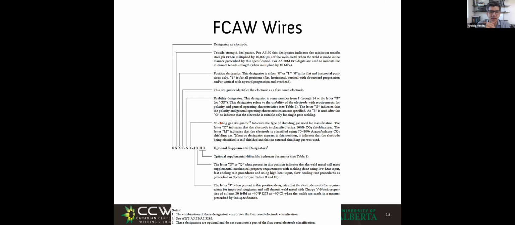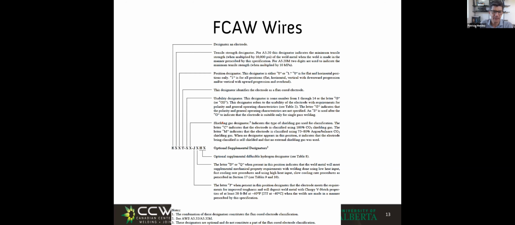C means that we are using 100% CO2. M means that it is a mixture of gas of 20 to 25% CO2 with the rest of argon. If we put no M and we put no C, that means self-shielded.